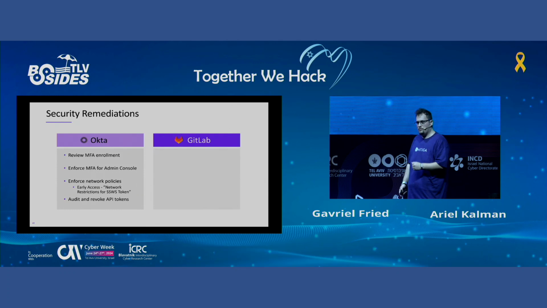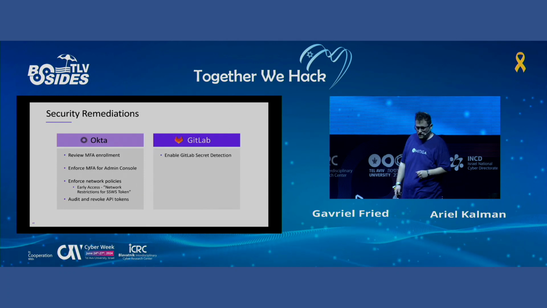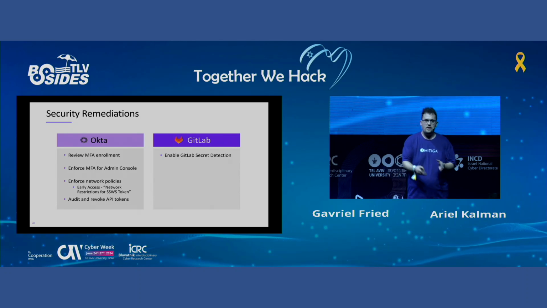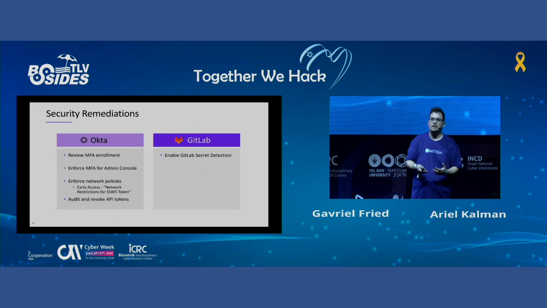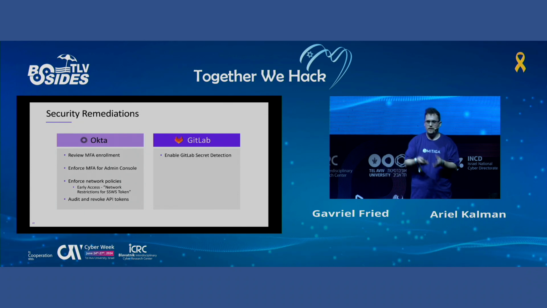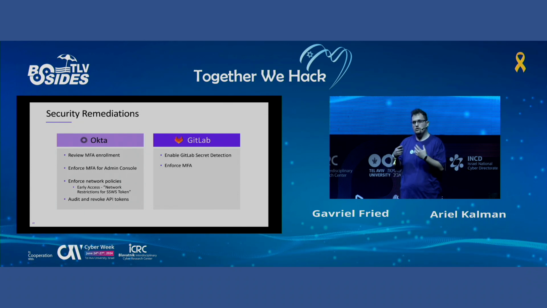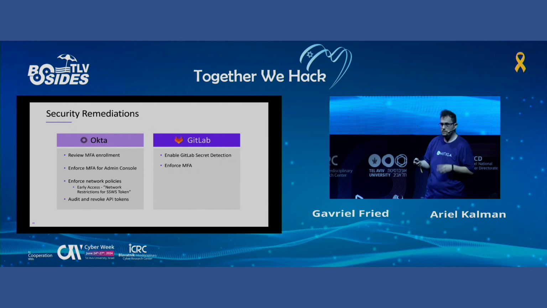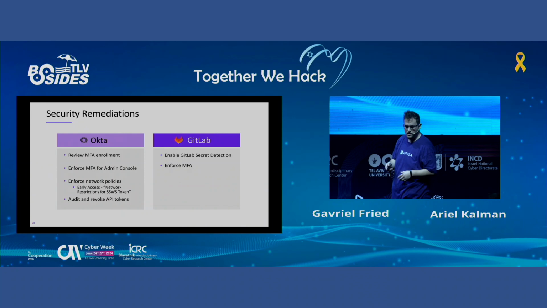Now let's talk about the GitLab recommendations we have. GitLab allows us to have a feature that's called secret detection. Enable it. It searches your repository actively for codes, for keys, passwords, etc. We could also enforce MFA on our GitLab implementation rather than just a user or password. It's a feature, somehow you need to turn it on.